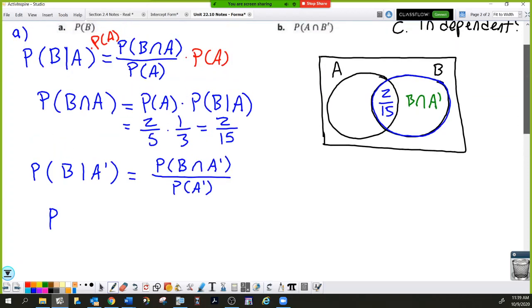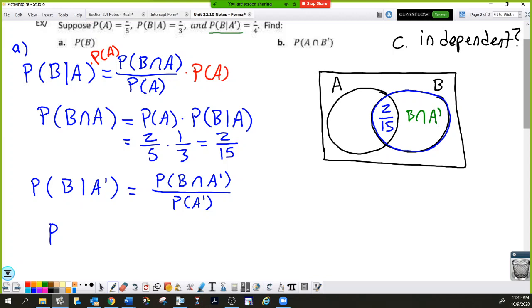Because B intersect A prime is this area of the circle. That's where B has in common with things that are not in A, right? If I knew this green B intersect not A, then I could add that to the 2/15 and I would know the answer for the probability of B. And once I wrote that, I said, oh, well look, there is information that was given to me that deals specifically with B and A prime.